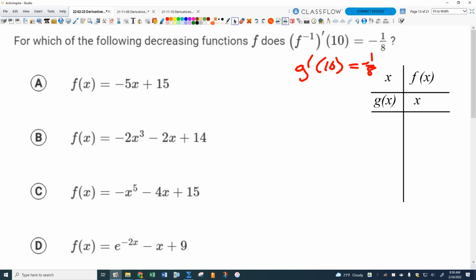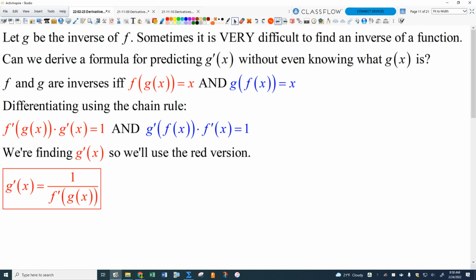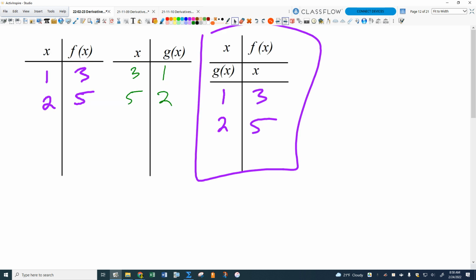Try this real quick without looking, and then I'll let you look, and we'll go through this about 3 times, and you'll have this memorized. Here, stare at this for a second. There it is. g prime of x equals 1 over f prime of g of x, right? Now write it down without looking.